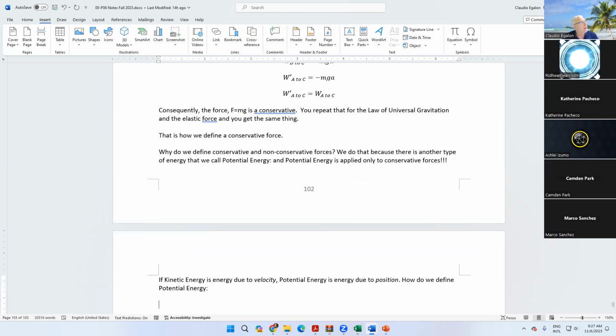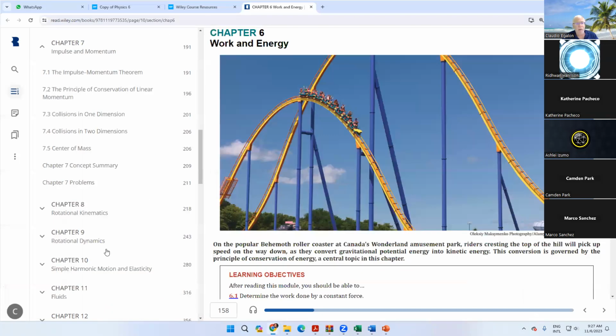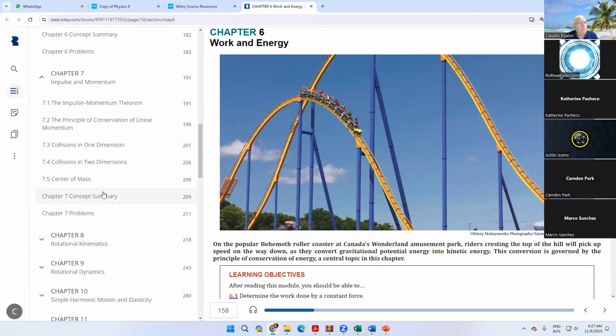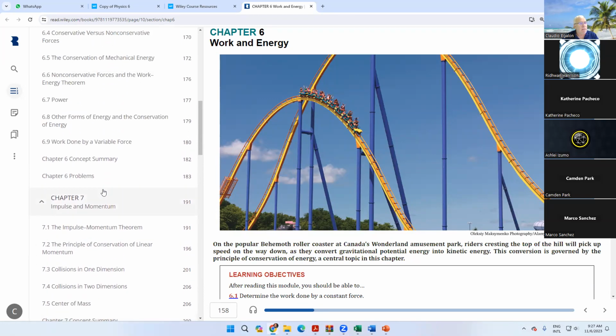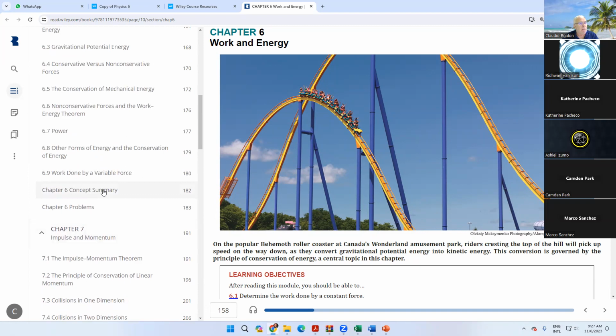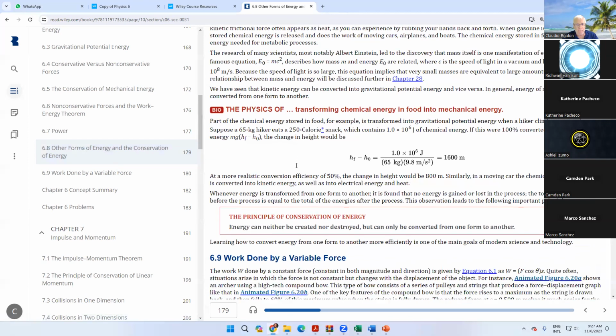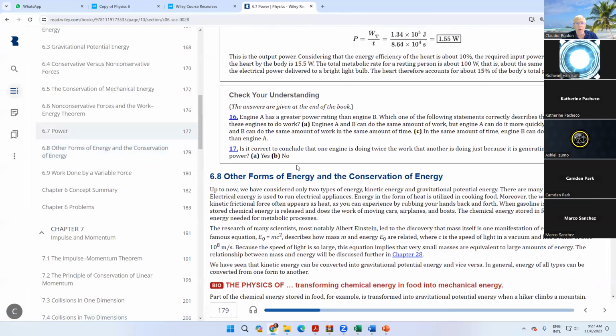Let's take a look at the book. I want to take a look at the book, see this one right here, okay? Other forms of energy. Work done by variable force. Let's see here.